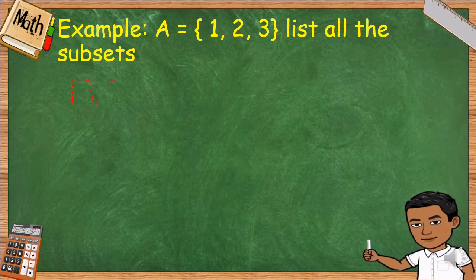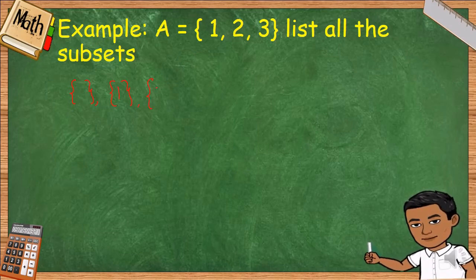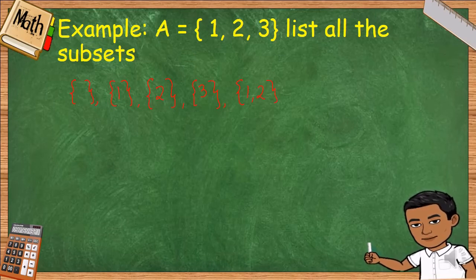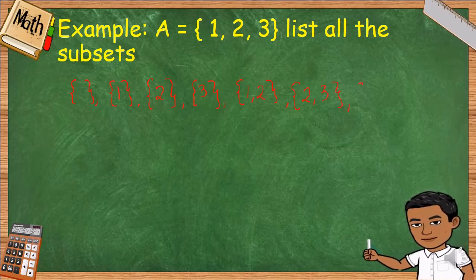So, we have 1. 1 is a subset of A. Another is 2. Then we have 3. Ano pa mga pwede? Pwedeng by pair. 1 and 2 ay subset din ng A kasi part din siya nun. Also, we have 2 and 3. And also, we have 1 and 3.